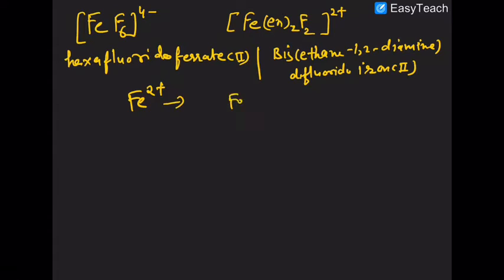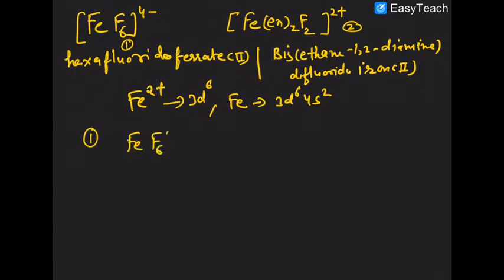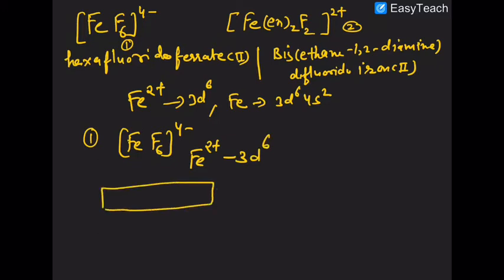Now everyone knows that iron is 3d6 4s2. That's why it is 3d6 now. Okay, so if you look at the first case, and this is the second case. First look at the first case. In case of FeF6 4 negative, iron is in the +2 state, so it is 3d6. So this is 3d6, 1, 2, 3, 4.